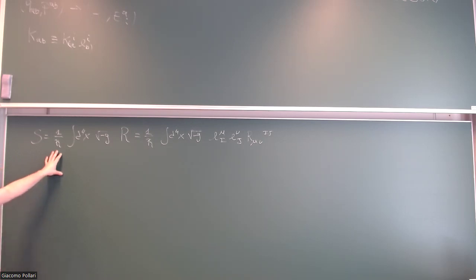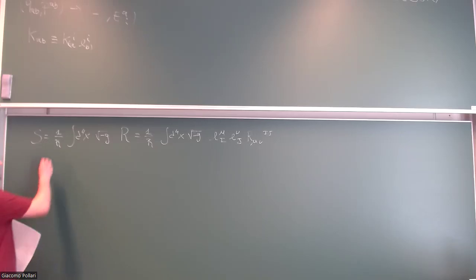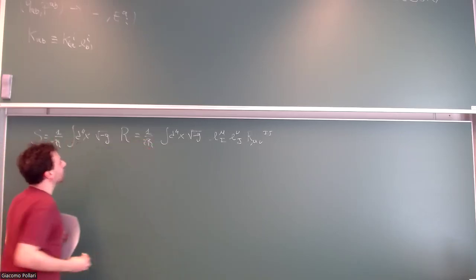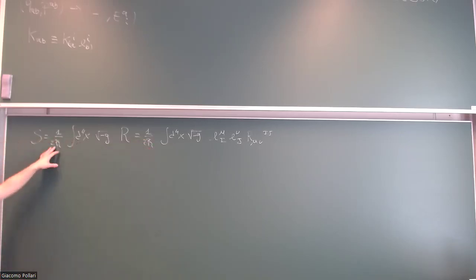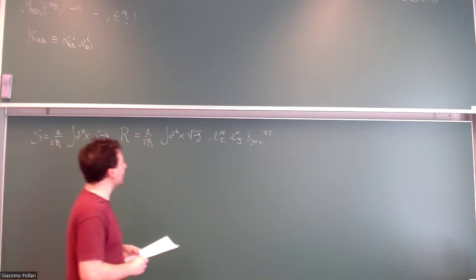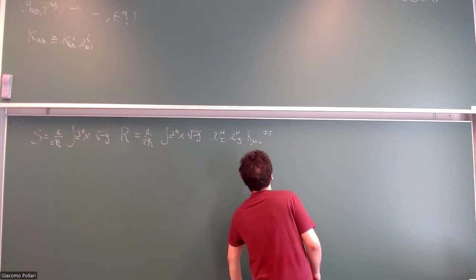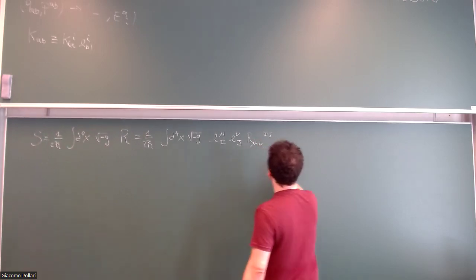But yes, you're right. Actually, if you define k to be 2 pi G over c to the fourth, this will be with 2. Okay, but it doesn't matter here because it's just a constant. So I can actually write it as it is.